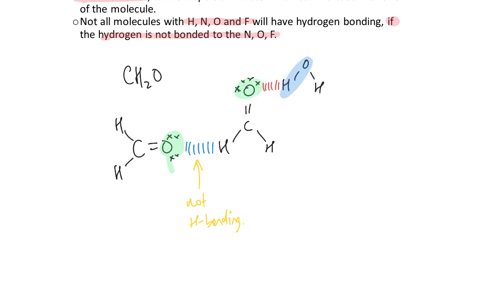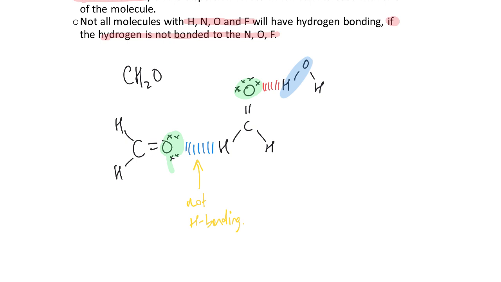So a key idea is that you can have hydrogen bonding between molecules which don't have hydrogen bonding within themselves or between themselves. CH2O cannot have hydrogen bonding with itself, but it can form hydrogen bonding with other molecules because it has an N, O, or F.